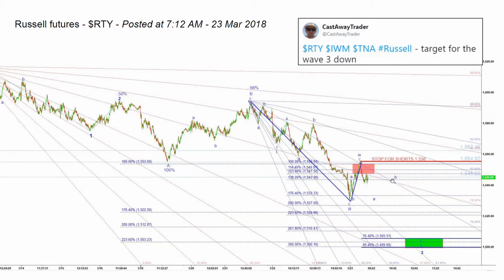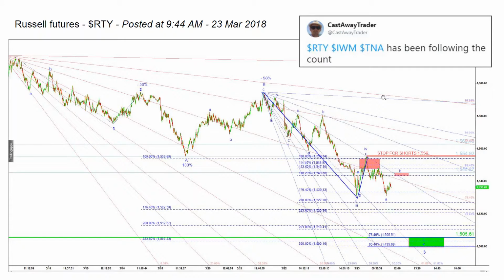In no case should wave B penetrate the top of wave 4. If it does so, that would invalidate the count. That would mean that most likely we will not see the price hitting the target. We will not see the price even getting back to the previous low.